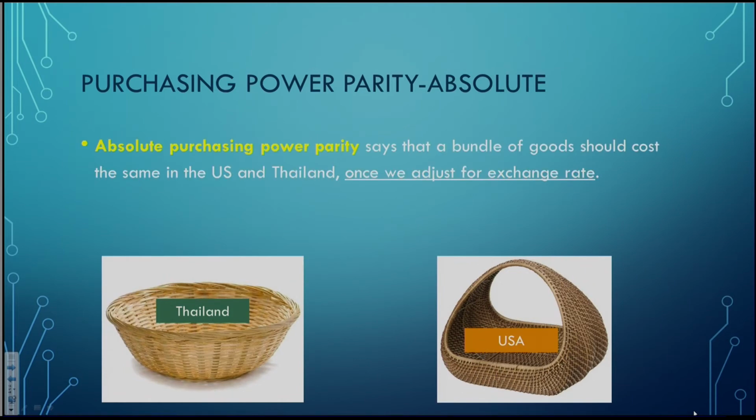Let's start with absolute purchasing power parity. Absolute purchasing power parity says that a bundle of goods should cost the same in the United States and in Thailand once we adjust for the exchange rate. So, right, they should cost the same once we adjust for the exchange rate.